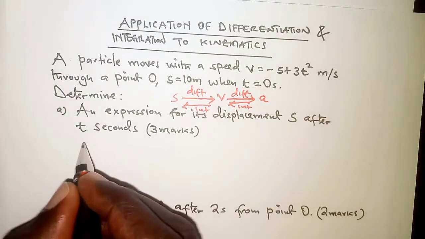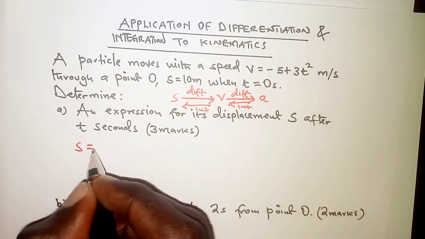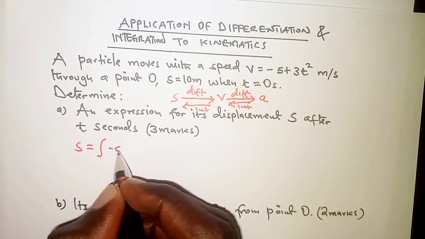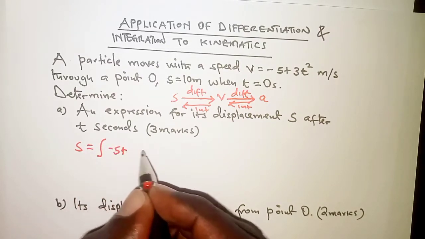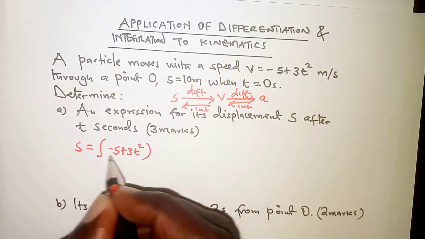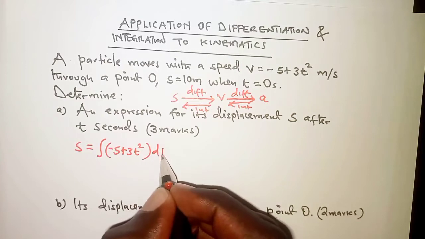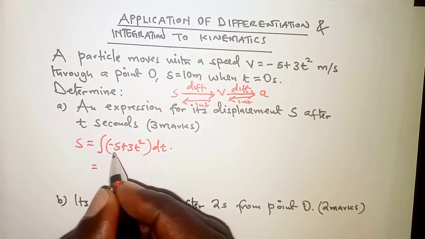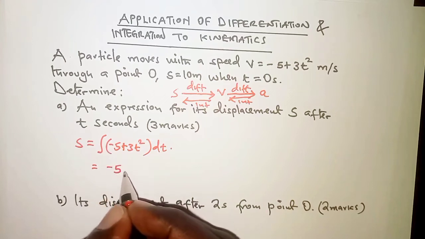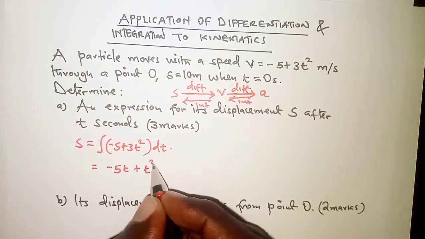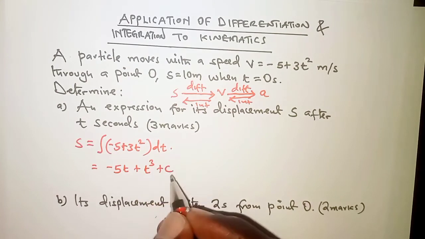So displacement is, that is, we integrate -5 plus 3t squared with respect to t. This should give us -5t plus t cubed plus c.